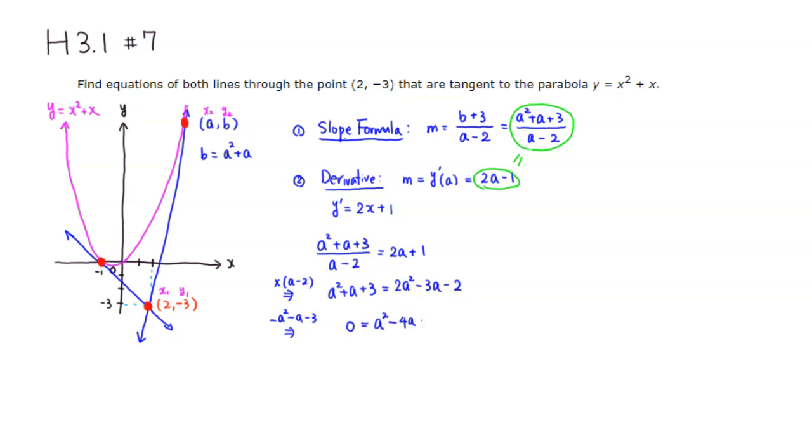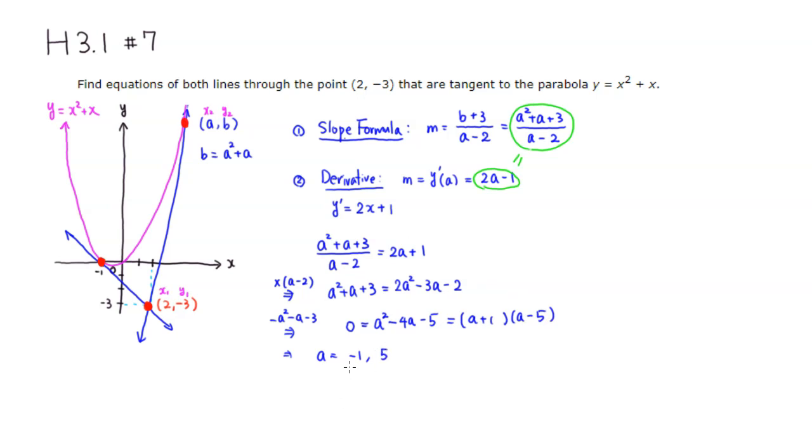Negative 2 minus 3 is negative 5. Then we can factor it as (a + 1)(a - 5). Setting a + 1 equal to 0, a is negative 1, and setting a - 5 equal to 0, a is 5.